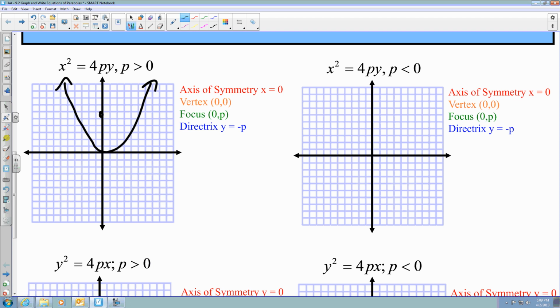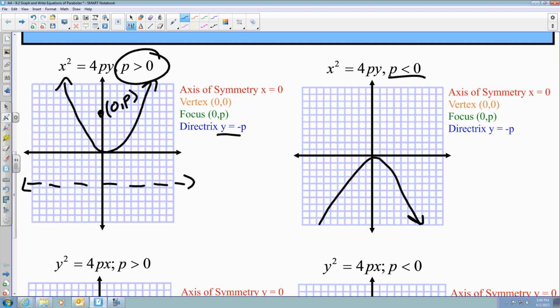The focus would be located here, in this case 0 comma p, whatever that may be, and then the directrix would be at y equals negative p. This is when p is greater than 0, so when p is a positive number. When p is a negative number, it's the same thing, except it's just a downward direction. The focus would be located here, and the directrix would be located here.